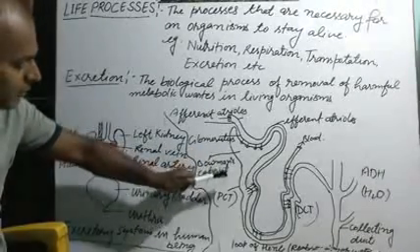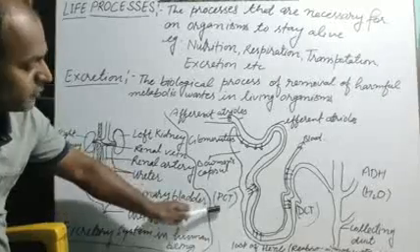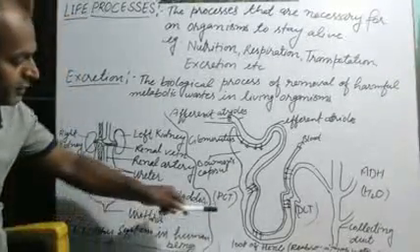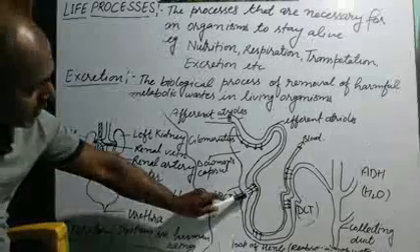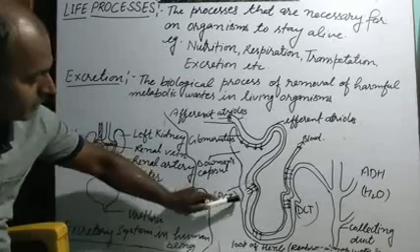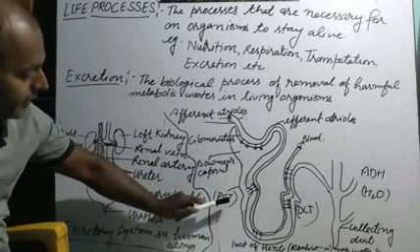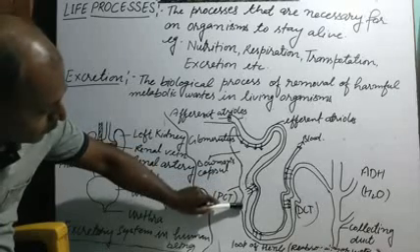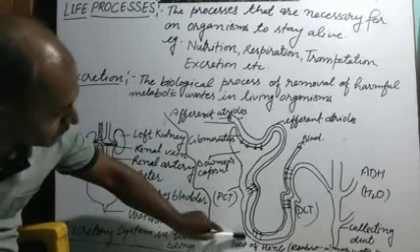From here it comes to this portion, the PCT, proximal convoluted tubule. At this portion there is selective reabsorption of glucose, amino acids and salts. From there the dilute urine passes to the next portion.